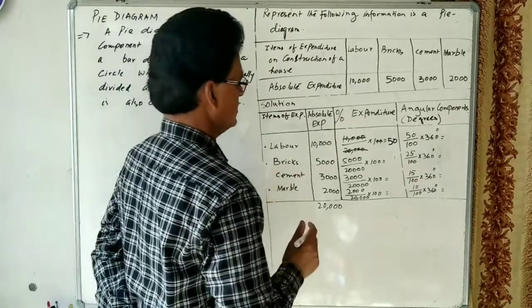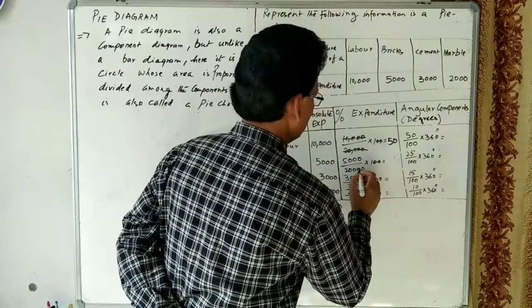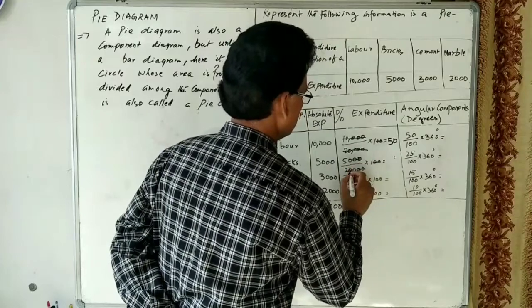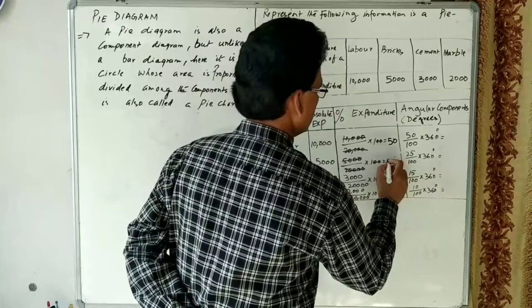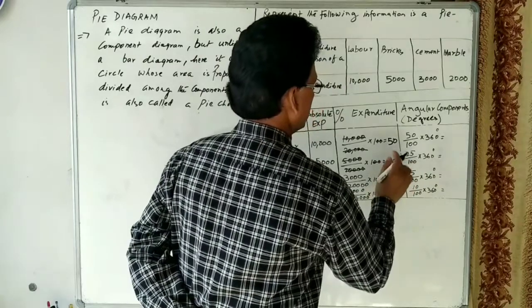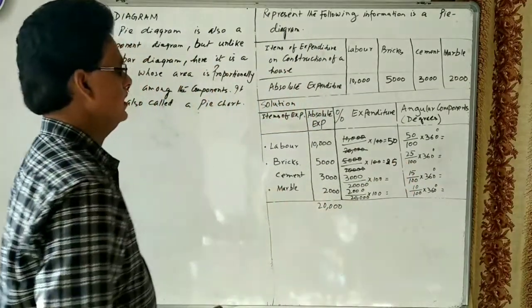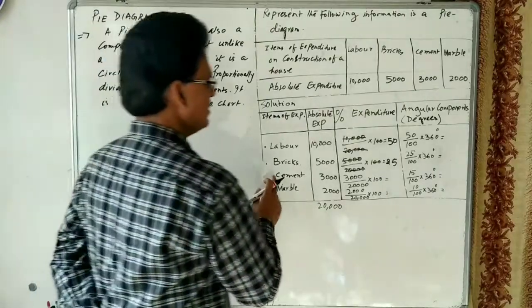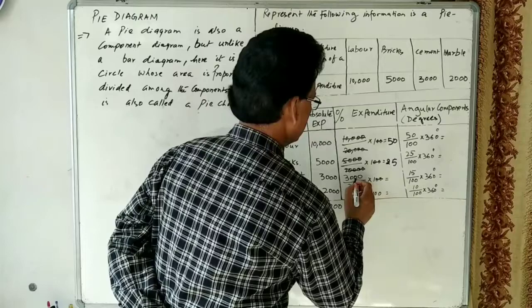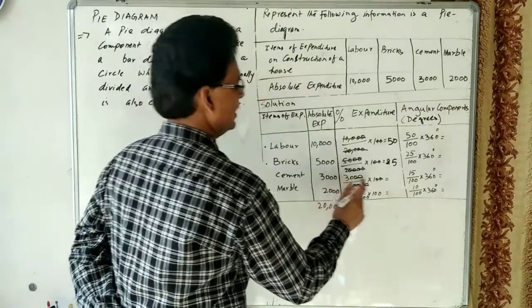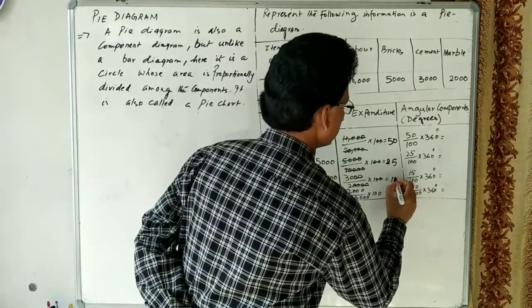Bricks cost, let us see how much this is. The 20 cancels, 50 divided by 2 will be 25. So the cost of bricks is 25%. Cement cost, the 20 cancels, 30 divided by 2 will be 15.